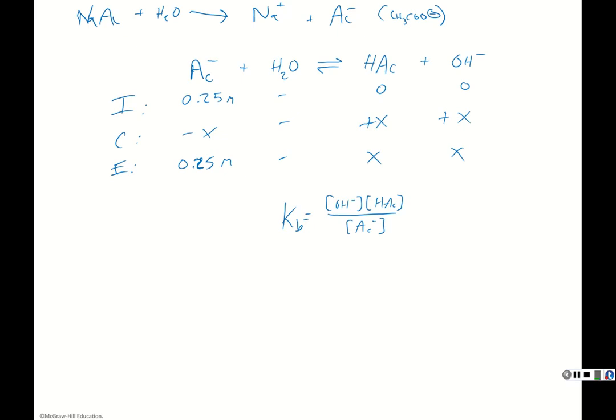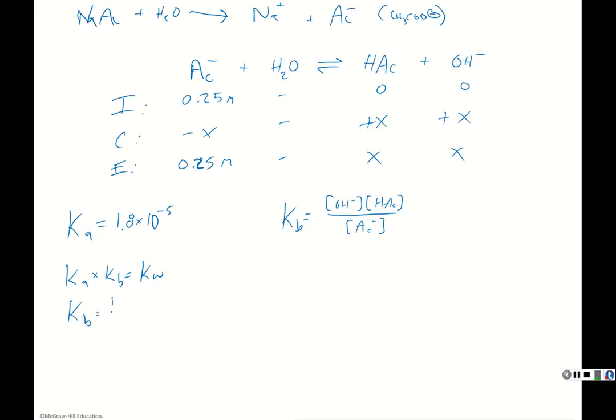So we'd have two variables, no way to really solve for that. What we were given, though, is a Ka, and that is 1.8 times 10 to the minus 5. And we just mentioned that Ka times Kb equals Kw. So we can solve this for Kb.